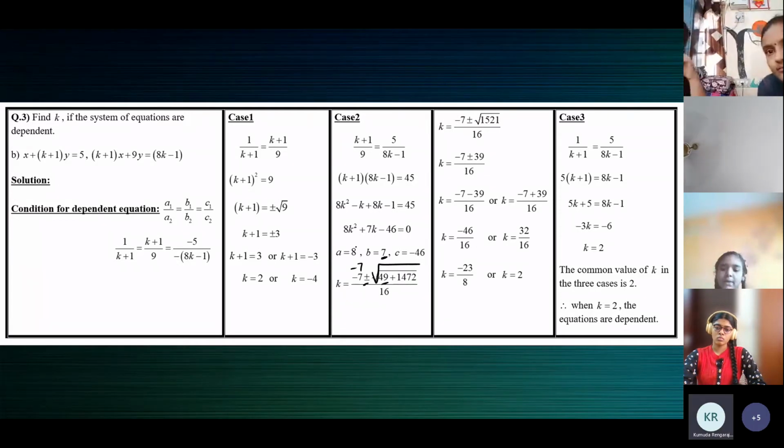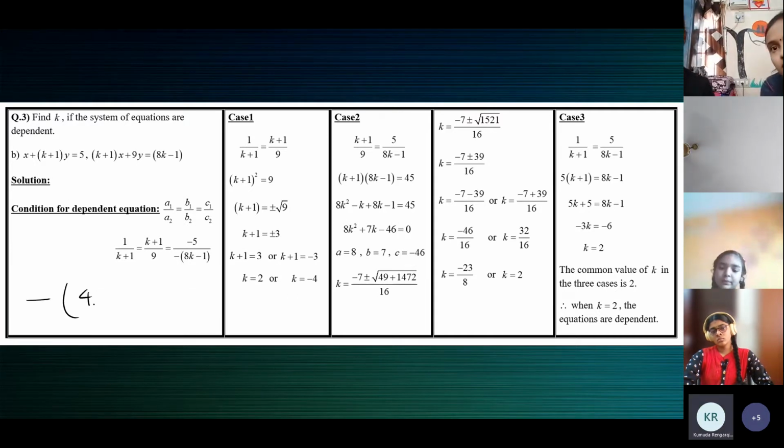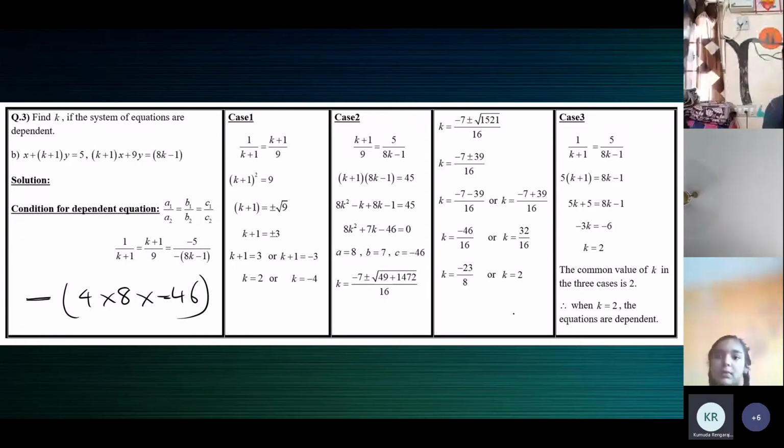Minus 4ac means minus 4 into a into c. So you will get plus, minus into minus, plus 1472, by 2a. 2a means 2 into 8, which is 16.